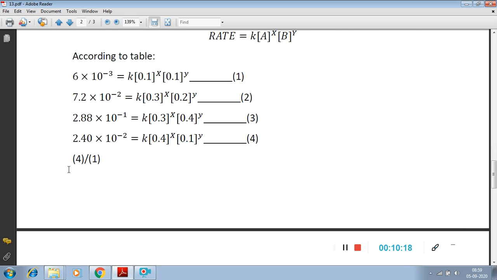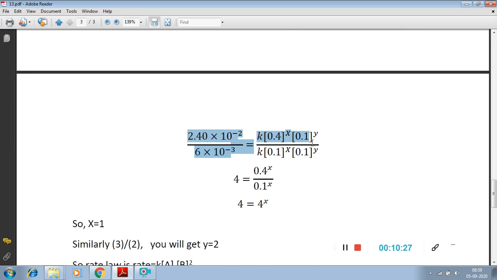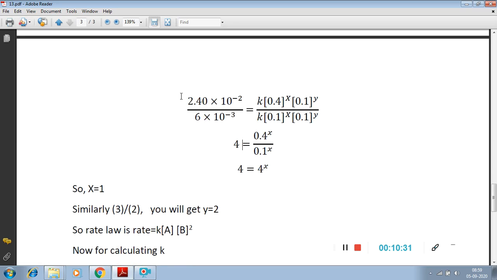Now, what I am going to do here is divide the fourth equation by the first. Here I have written those two equations. From this division you will get 4 is equal to, k is the same, and 0.1 raised to y, 0.1 raised to y, is also the same, so that will cancel out.